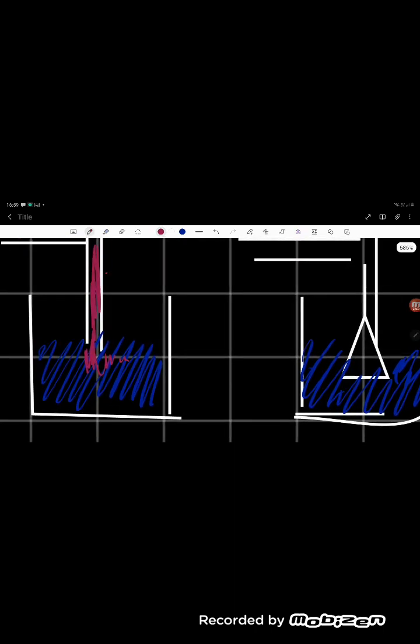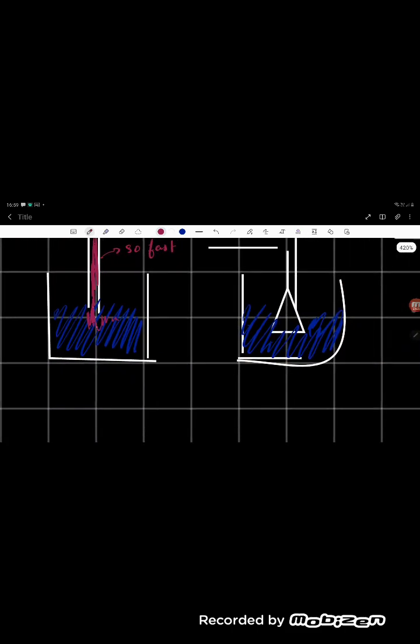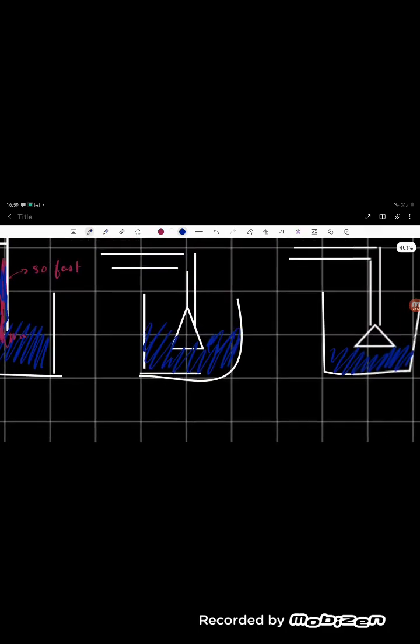But the reaction will occur so fast that a back suction starts creating itself, and all the water will start entering into the test tube here, which might damage the apparatus.